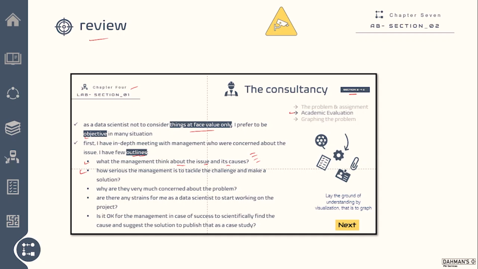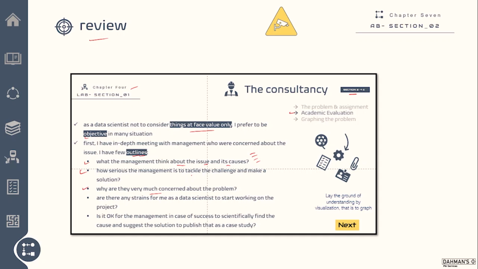Next, I asked them how serious they are to tackle the challenge and to make a solution. And I found out they were quite serious to find out the reason from a scientific perspective and to produce a valid solution. Then I asked them, why are they very much concerned about the problem? And I found out that the nature of the project is very sensitive, since the courses are provided free to all participants as long as they are local citizens.